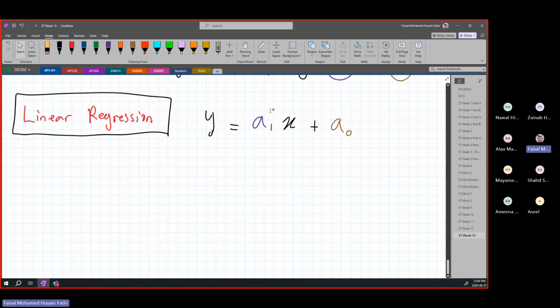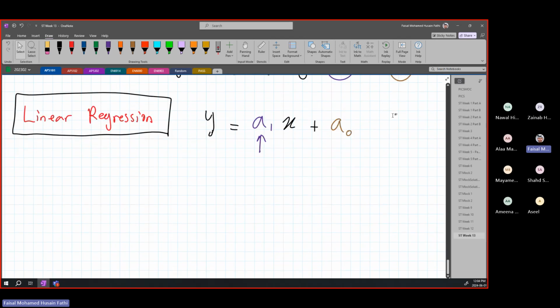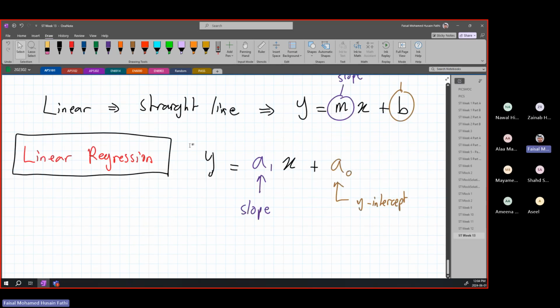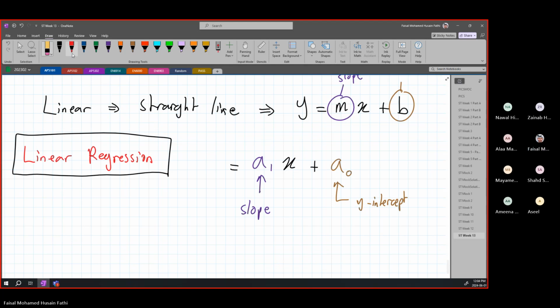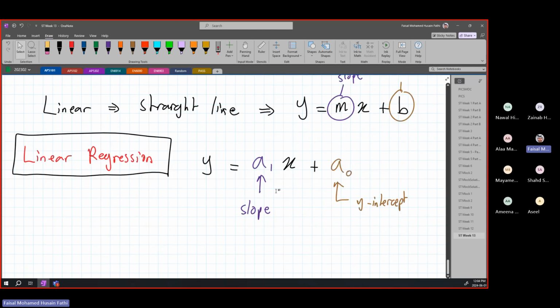All right, so a1 is simply nothing but the slope. Okay, you guys can keep it in m form if it's easier for you, but this is just the standard notation of how they write it down. a1 is the slope, and this is the y-intercept. Same exact equation, okay? So this is the equation for this line, this middle line over here.